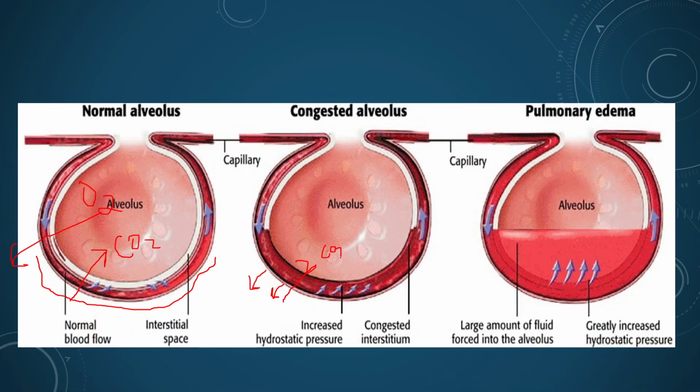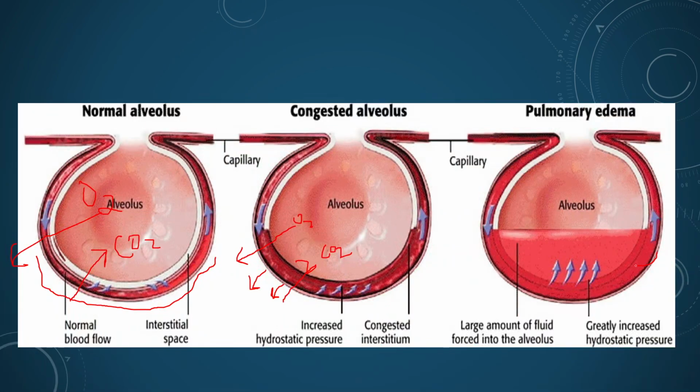You've increased the distance. It's harder for O2 now to come out into the cell. Not only that, but look at this. Remember, all this is blood. These are tiny capillaries, but it doesn't matter.